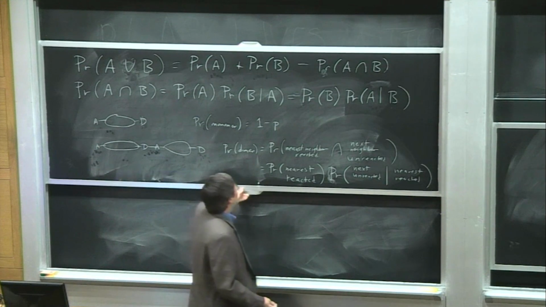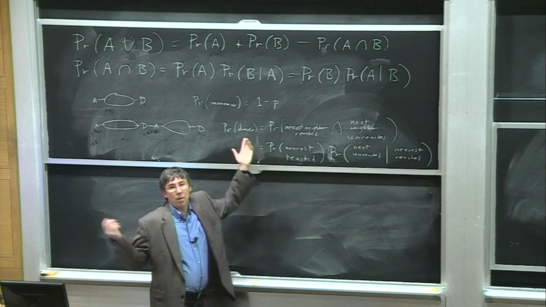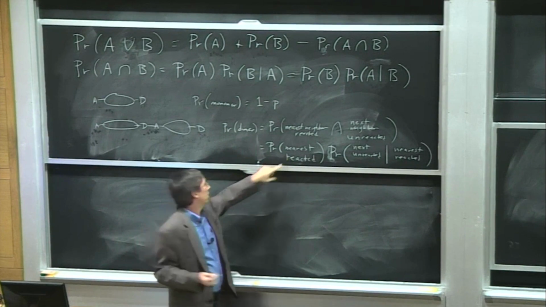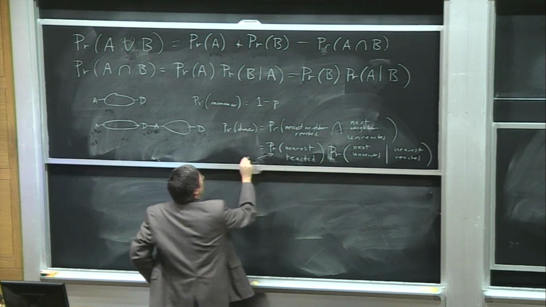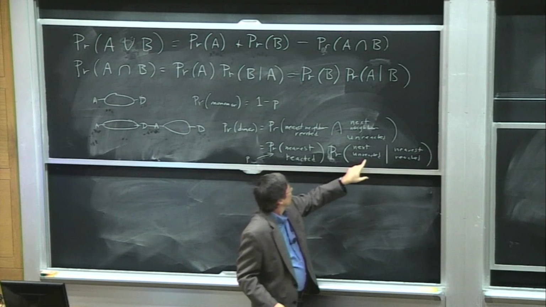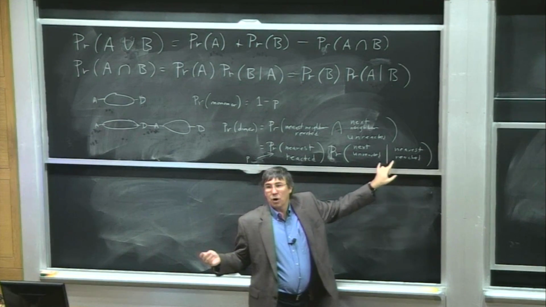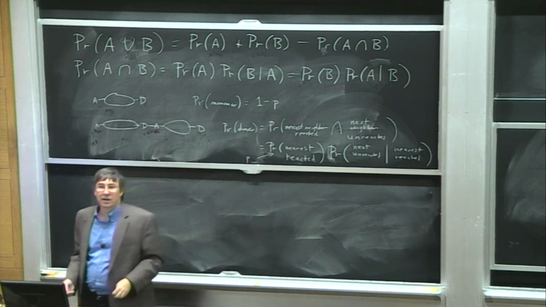So now I need to have a probability. What's the probability that the nearest one is reacted? There's some probability that things have reacted. So this is going to be my P, the probability that things reacted. And I want this to be unreacted. Now there's a question. Are these correlated or not? Now in reality, everything's correlated with everything.